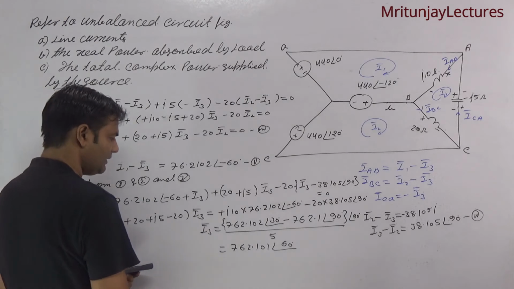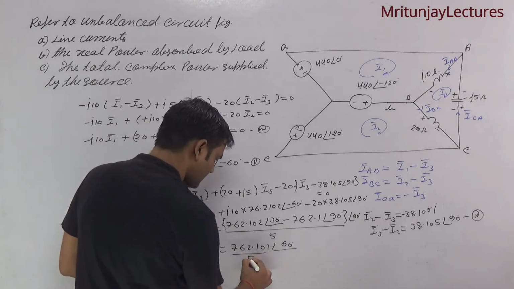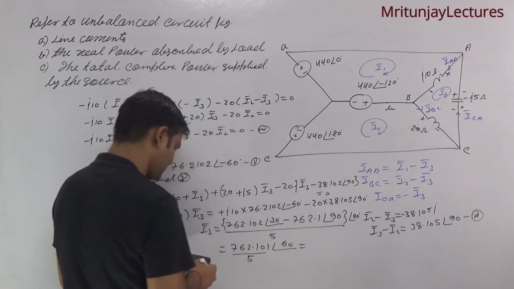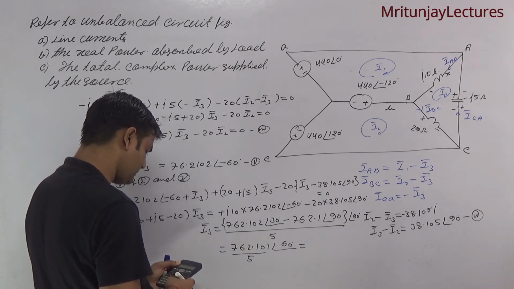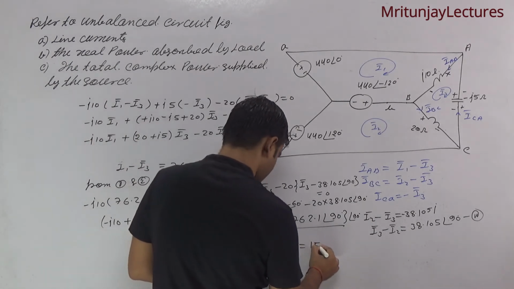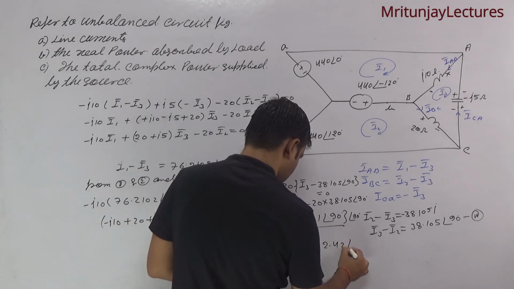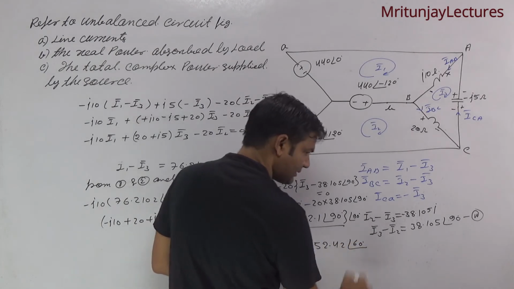Okay, divide by 5. This I3 is 762.101 divided by 5, we got 152.42 at the angle 60 degree.